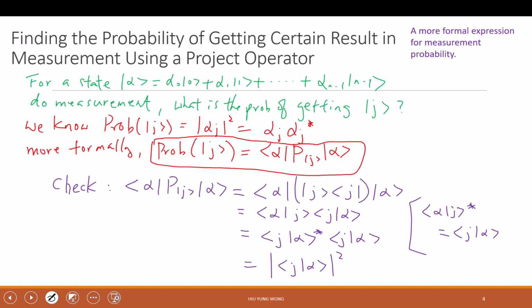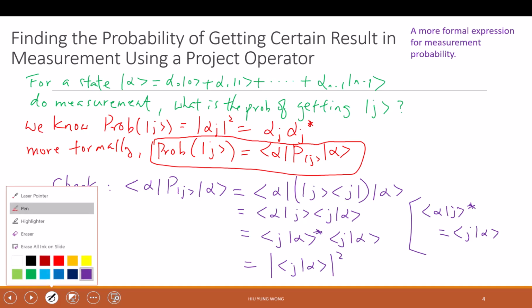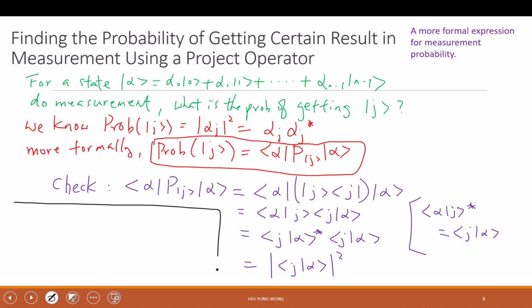right? If you remember what we said on Tuesday, how do you find alpha J? You just recall. So you need to start to memorize them, right? Recall, alpha J equals J applied to alpha.